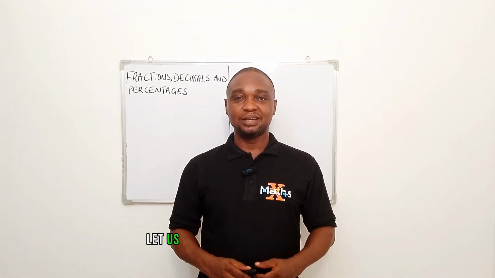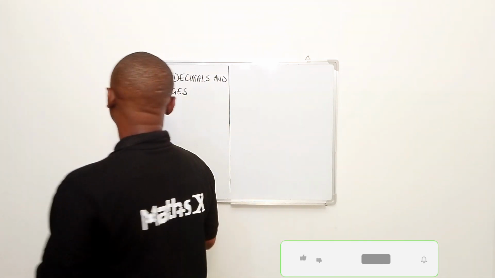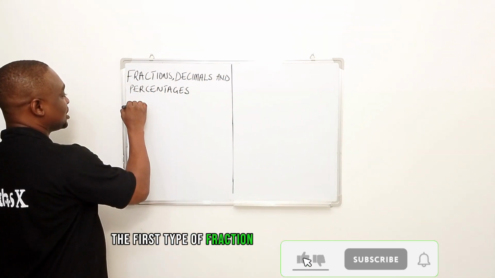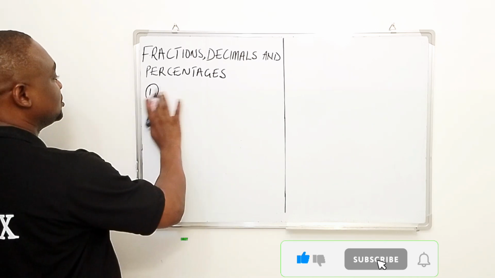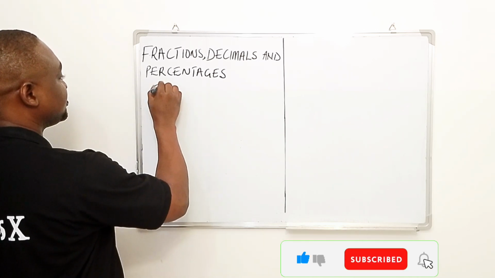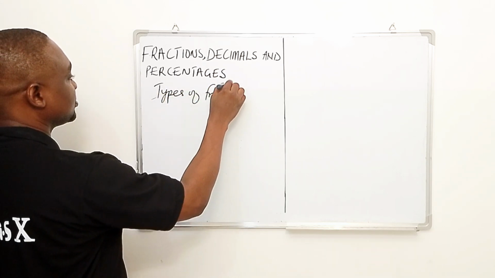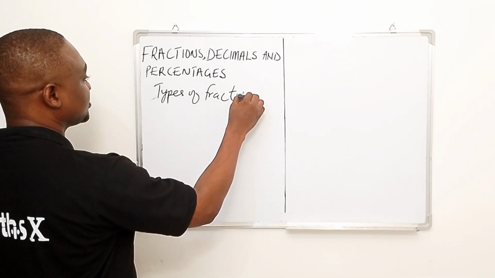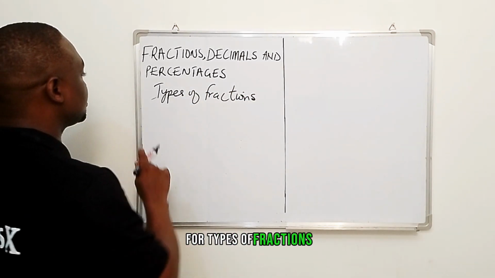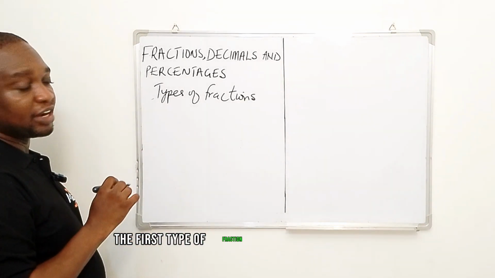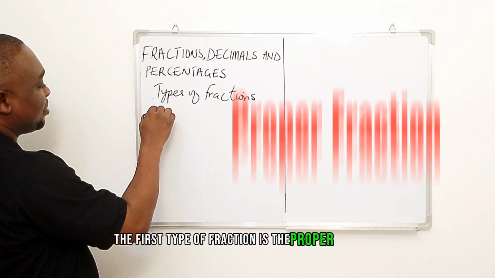All right, let's start with the types of fractions. The first type of fraction is the proper fraction.